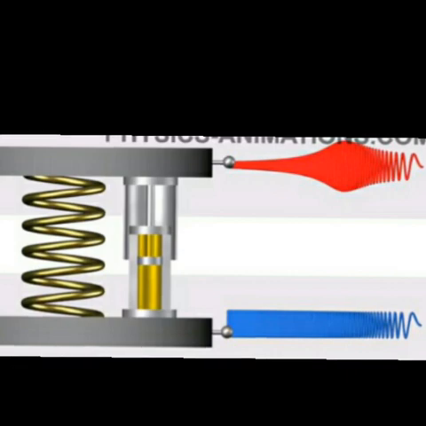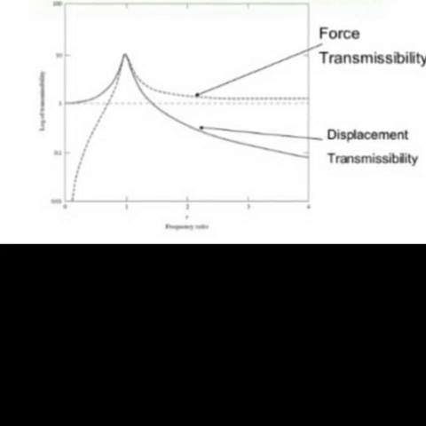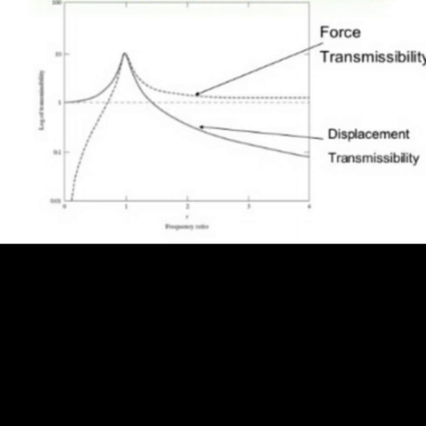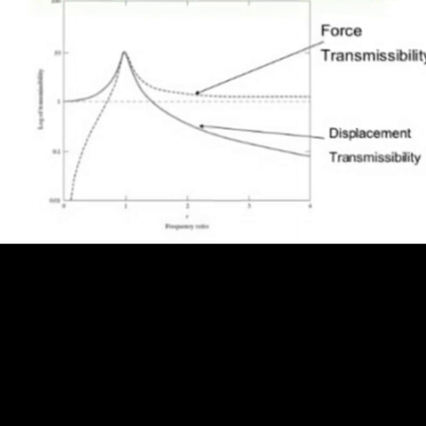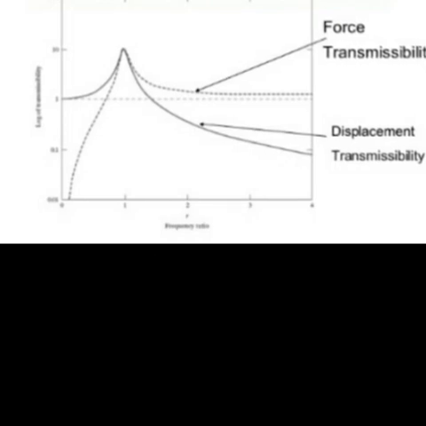You can see there is a peak near about 1, and the graph crosses the origin, comes below the origin at near about 1.414, and this is a graph between the displacement transmissibility, and on the x-axis we have frequency.